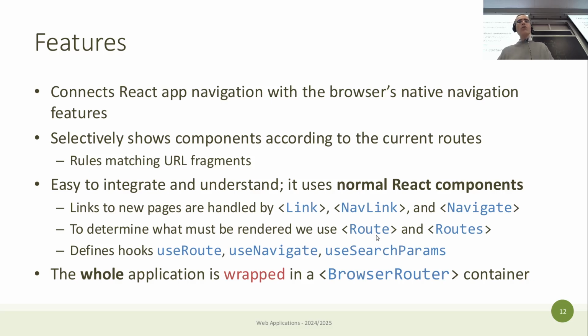And then you also bring in components that are not rendered inside the page, but are used to define the routes, so the URLs that the library should handle. It also defines 3 hooks: useRoute, useNavigate, useSearchParams. We will see them in a few minutes.